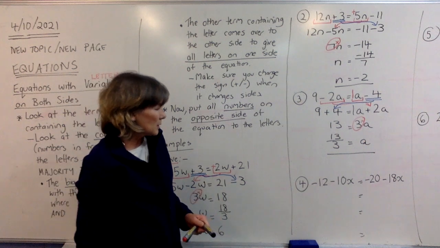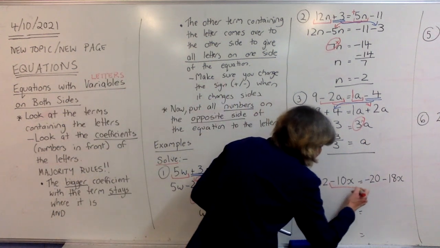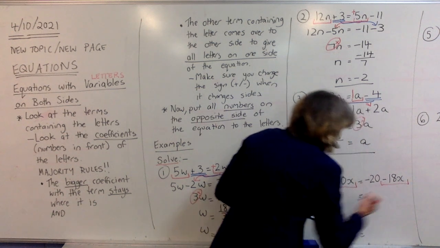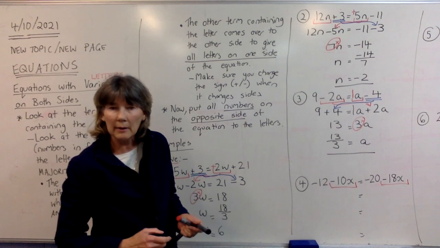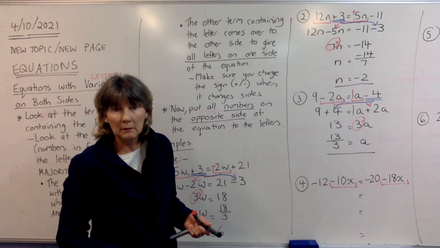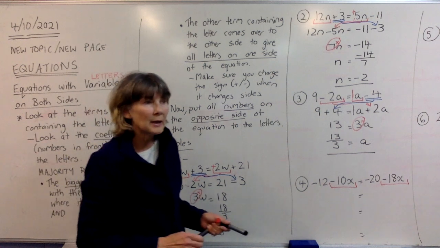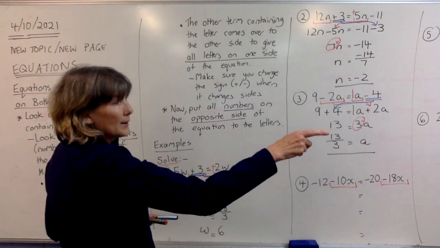All right, looking at the next one down the bottom here. Our two terms with x are minus 10x and minus 18x. Now be careful. Which one's bigger, minus 10 or minus 18? Minus 10 is bigger. Okay, so it's whichever one is closest to this end of the number line, the right hand.